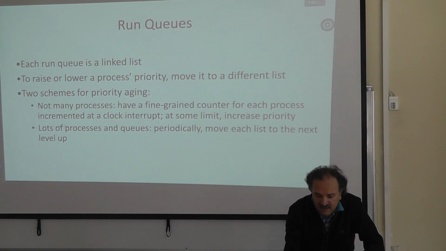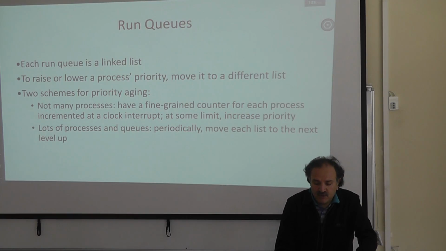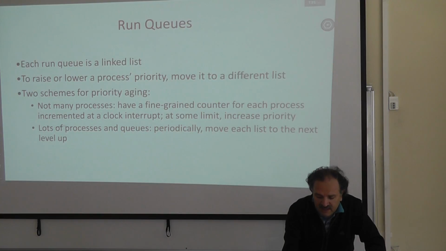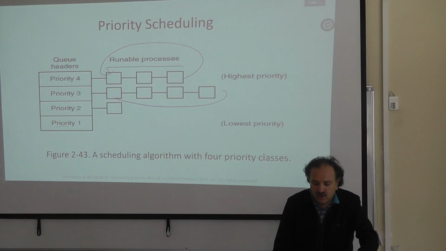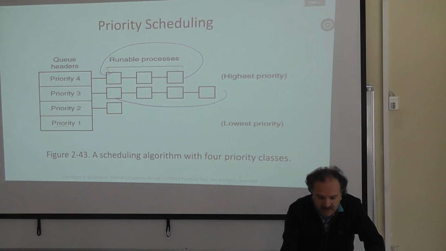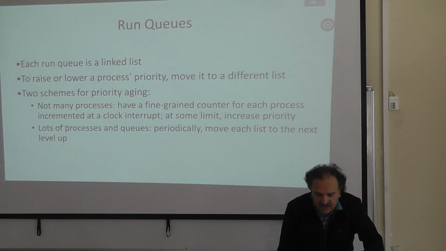With this one, you don't increase or decrease the priority of a job. You move to a different list. You may want to move this from this list to this list. So you just change its queue. You lower its priority to this priority level 3 sometimes.